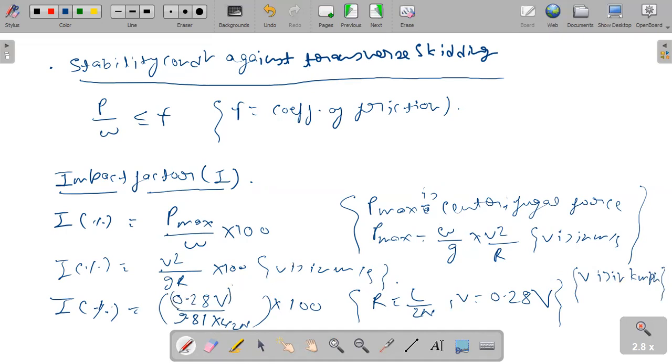So this is all about impact factor in terms of V when V is in meter per second, and when V is in kilometer per hour.